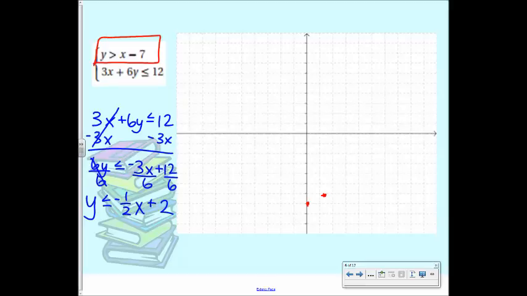Good. How come your slope is 1 over 1? Or how do you know that? I don't even see a number there. How did he know to go up 1 over 1? Montrell? There's an imaginary 1 in front of x. Perfect. Is that going to be a dotted line or a solid line?